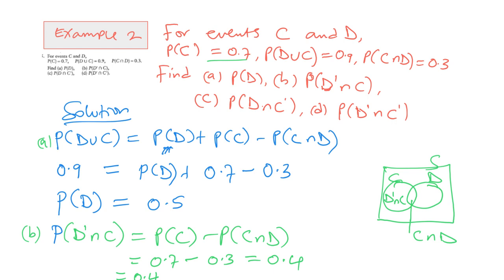Then let's see what else. Part C, they want us to find the probability of D intersection C complement. That's D only. You can make use of the Venn diagram and interpret this much better.